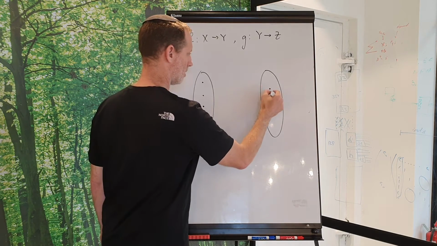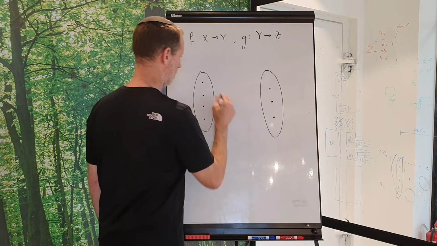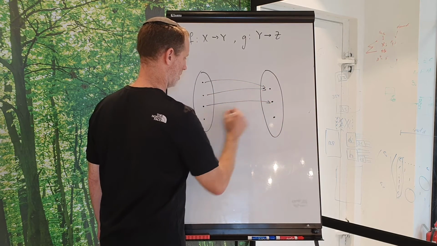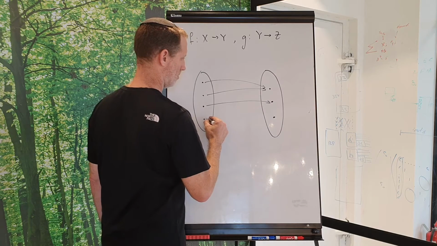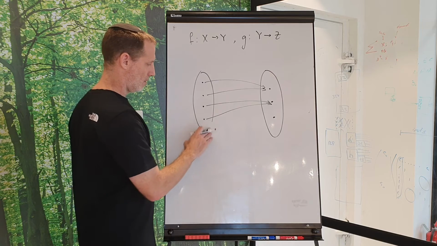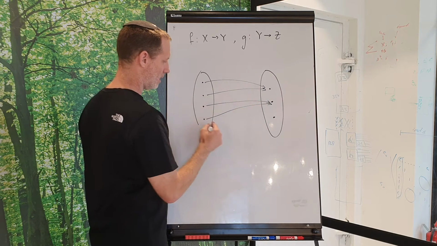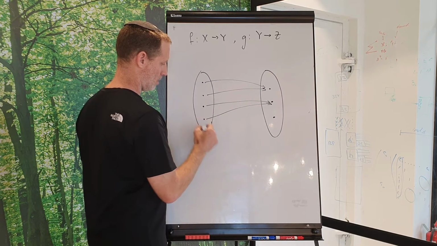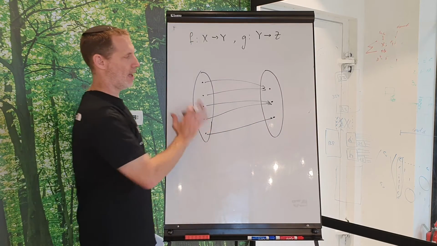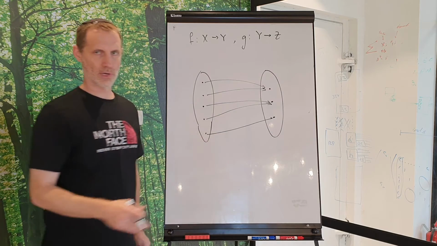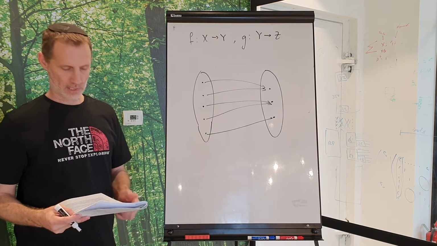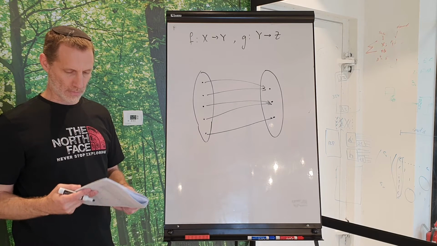Everything is mapped. So this, for example, is not surjective, okay? We need to cover everything. Now it's surjective. I don't care how I got here, but I want full coverage in the image space, okay? That's surjective.